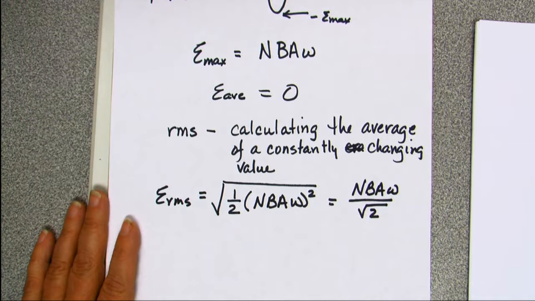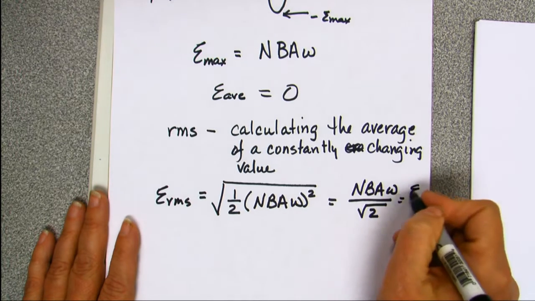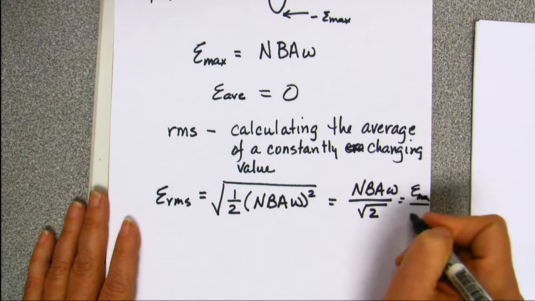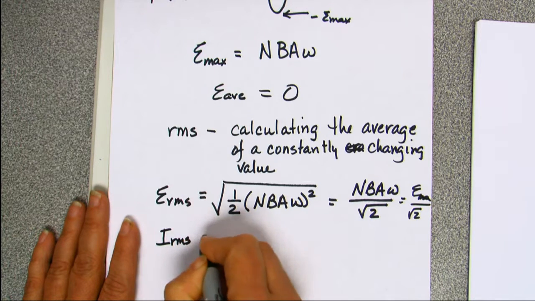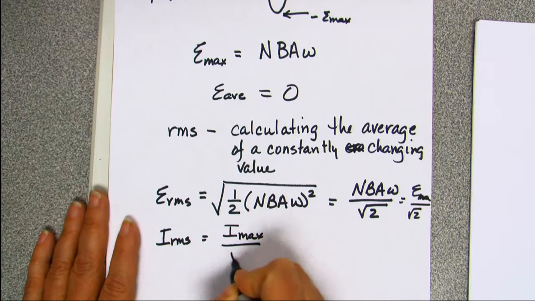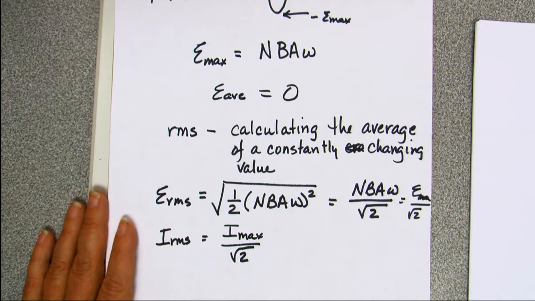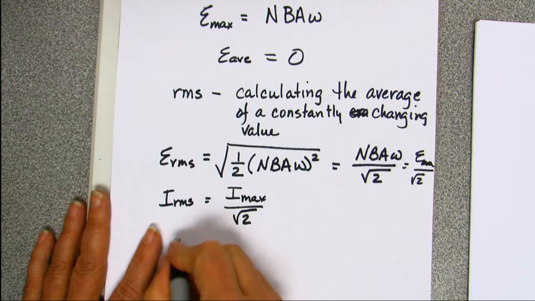I get the same thing for current, right? I'm going to get the same thing for current. But this could also become my Emax divided by the square root of 2. Current root mean square is going to give me the same thing divided by the square root of 2. And I can look at power.